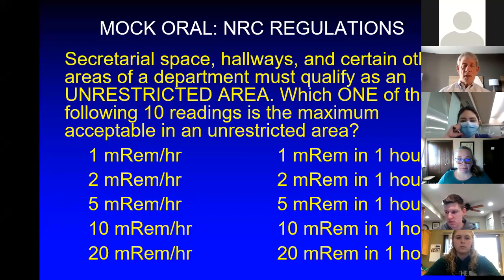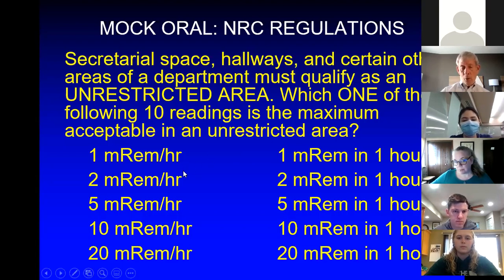That would be the conference room, the reading room, the secretarial space, hallways, those kinds of areas where we're not ever allowed to bring radioactive materials. That's an unrestricted area. What is the rule? There are 2 numbers you need to know. One of the numbers is reflected in this slide. But the big question is the reading, what you see on the left over here?